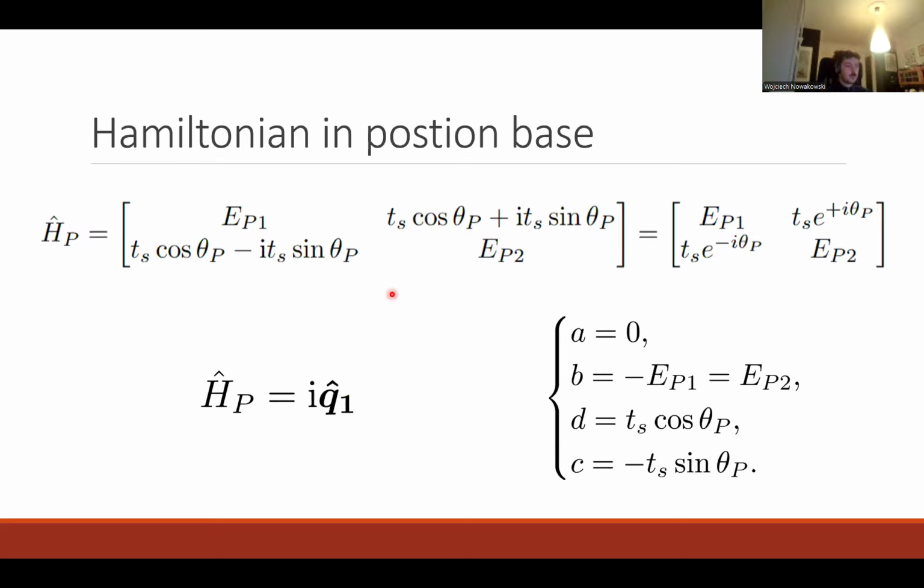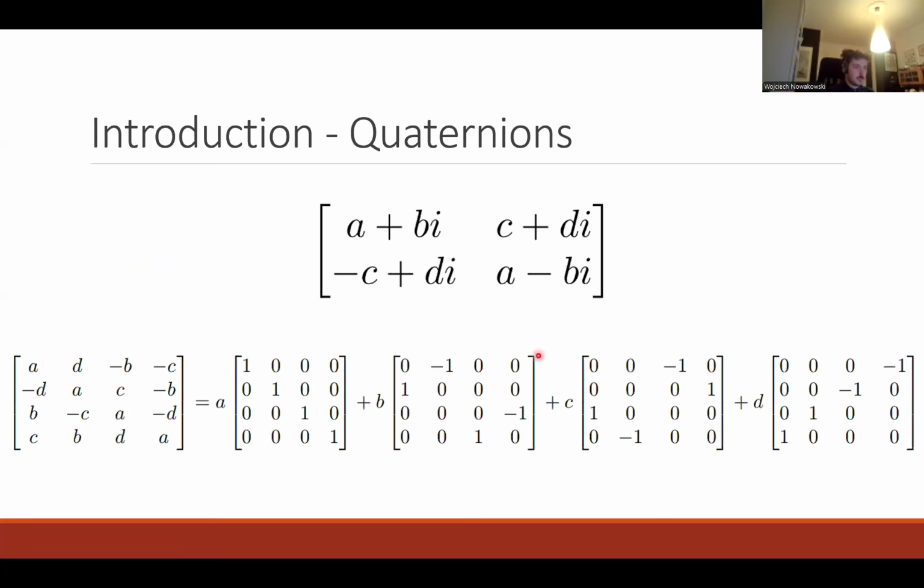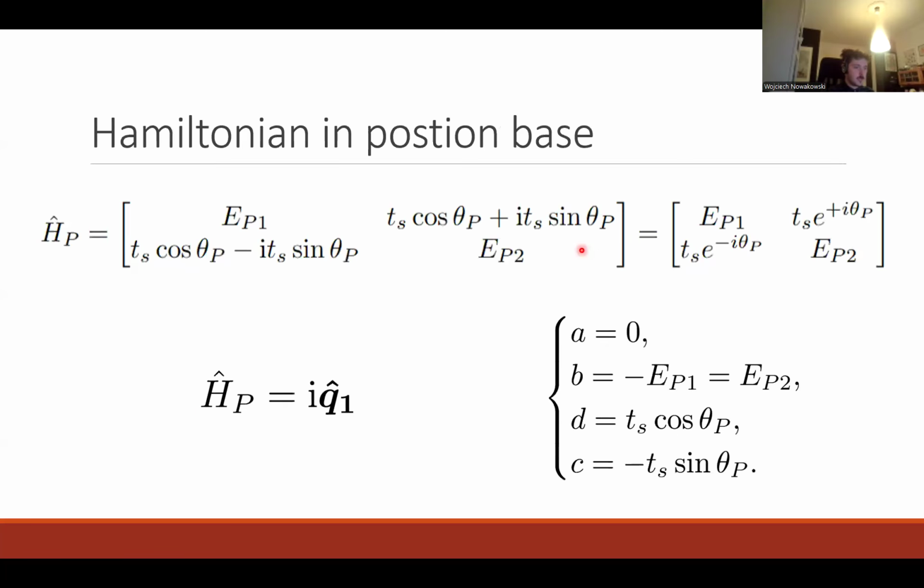And we find out that with these conditions, A in the quaternion of this form is equal to 0, B is equal to minus EP1 or EP2, and D and C are the two parts of this hopping term. We can redescribe this Hamiltonian as the quaternion by multiplying the Hamiltonian by 1 over i, or by multiplying the quaternion by i.